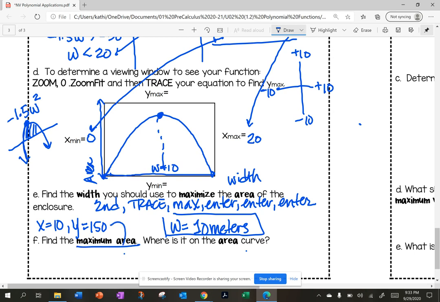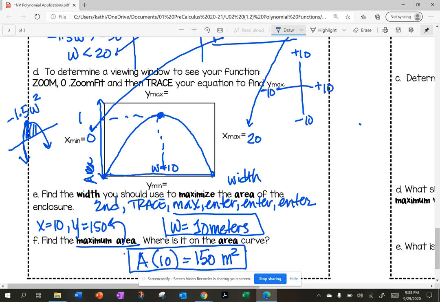So the maximum area is my y. So area at width equals 10 is 150 meters squared. Okay, so a lot of it's just knowing a maximum area is an upside down quadratic.